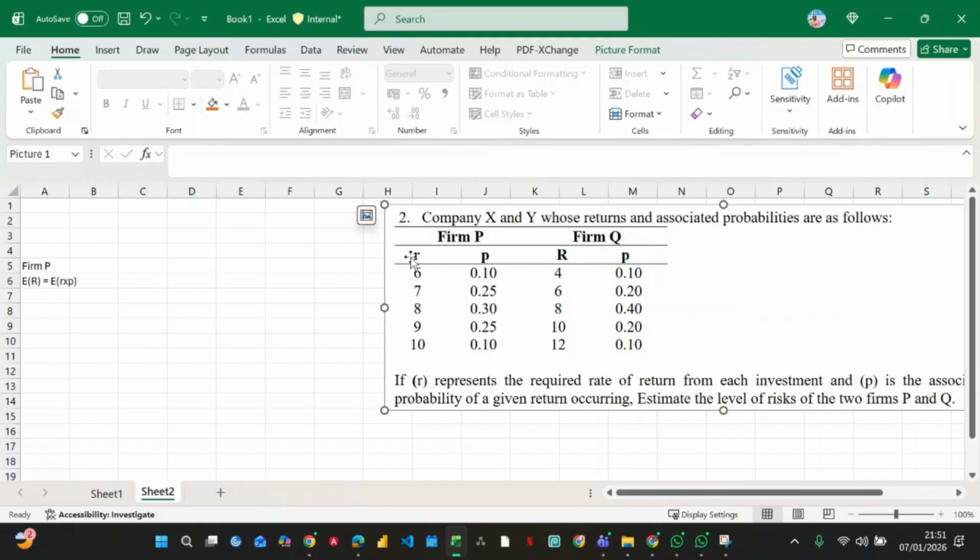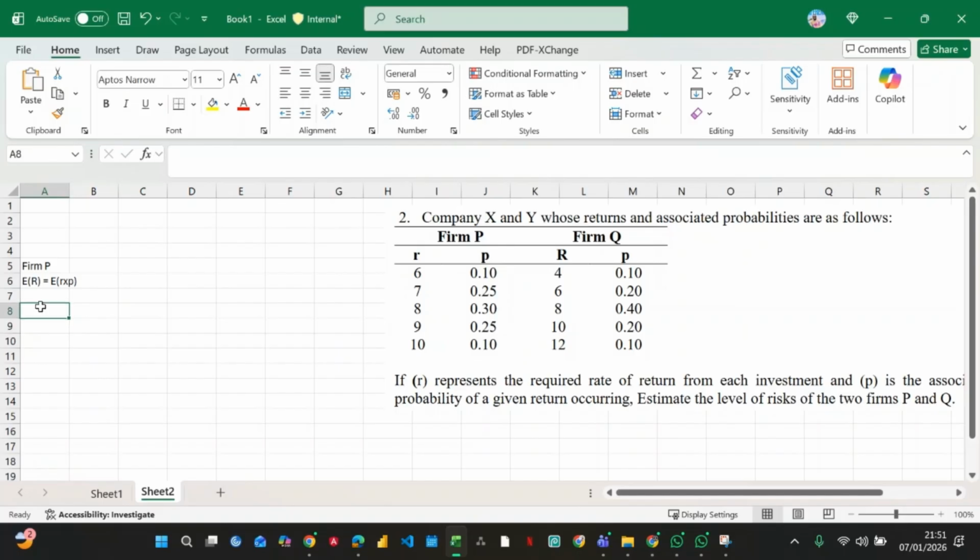We have the probability and we have the R. So we are going to have a new table here: the first column is our return, which is R, then the next column is probability, which is P, and then the next is RP, R times P.